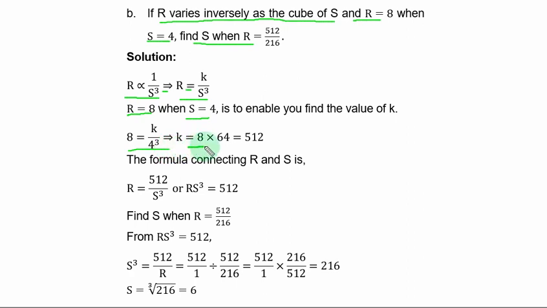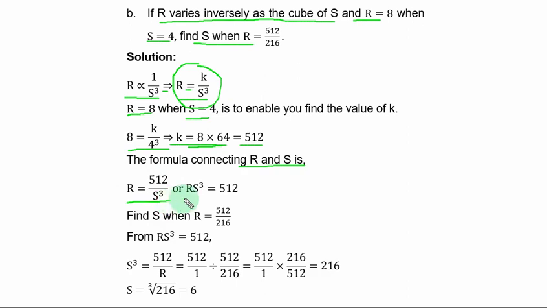So you have 8 times 64 equal to K, or K equal to 8 times 64. That is 512. You need to state the formula connecting arrow and S. You simply come here and you replace K with 512 in this form.